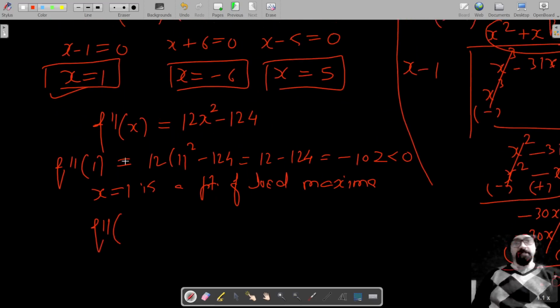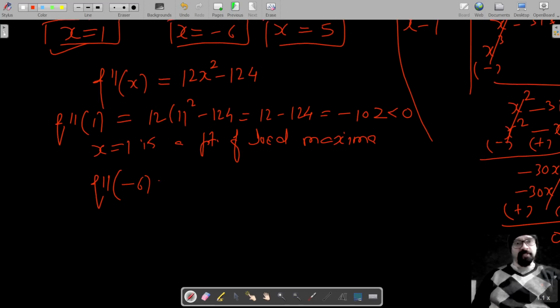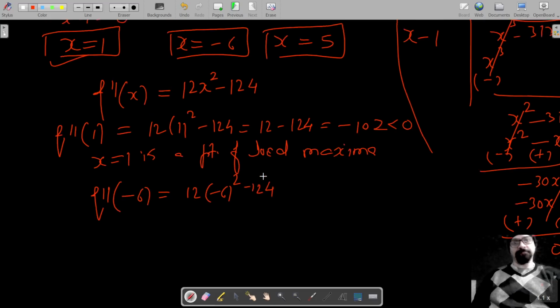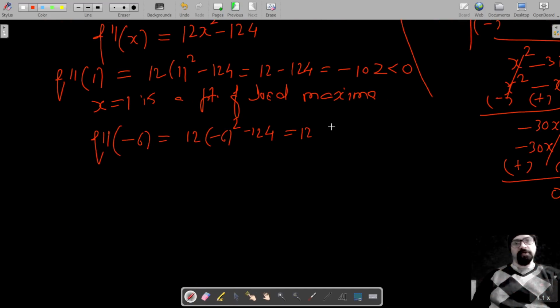Now let's similarly check the second order derivative for negative 6. So 12 into negative 6 squared minus 124, which is 12 into 36 minus 124.